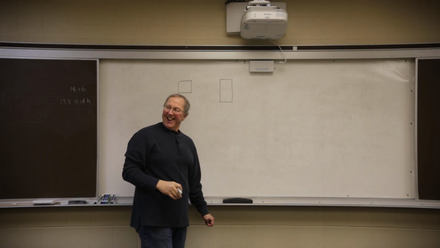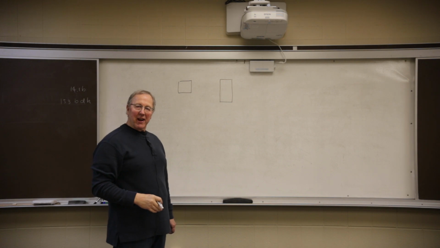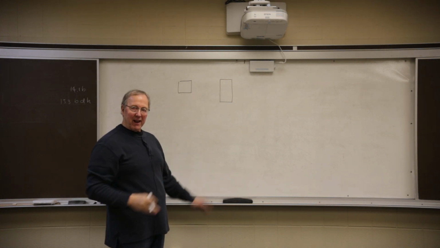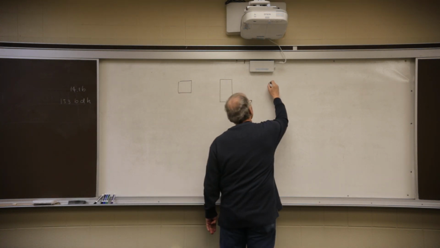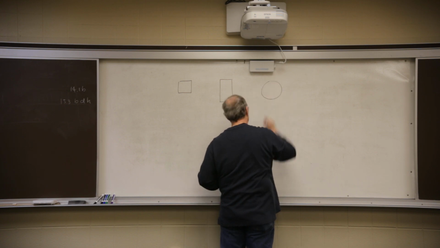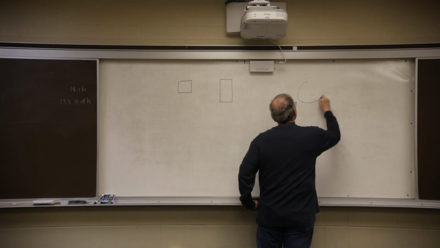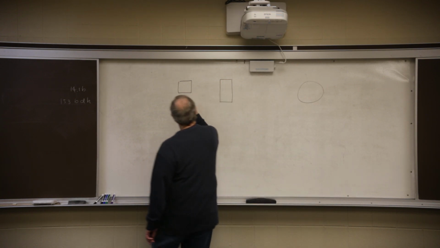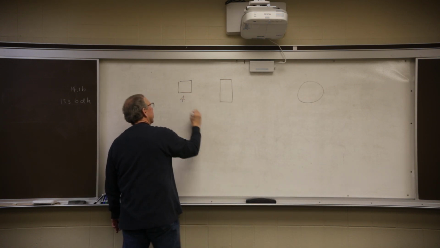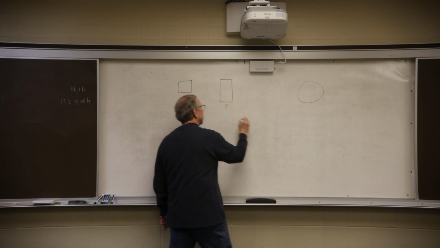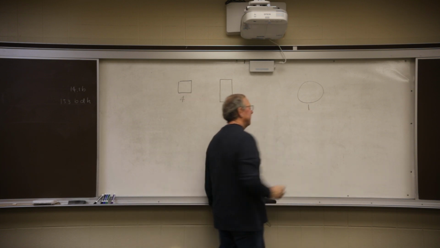So it's a rectangle. And the last one is a circle or a round column. So you've got tables. Here you've got 4 of them. Here you've got 2 of them. And here you've got 1 of them.